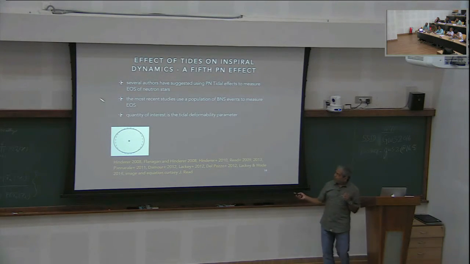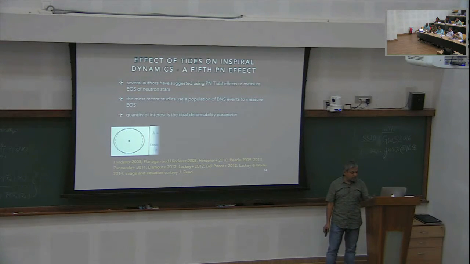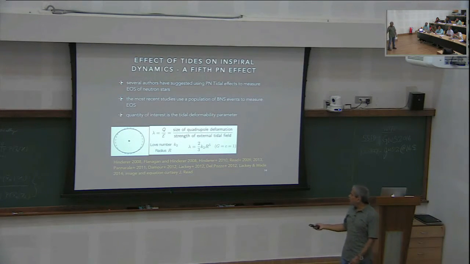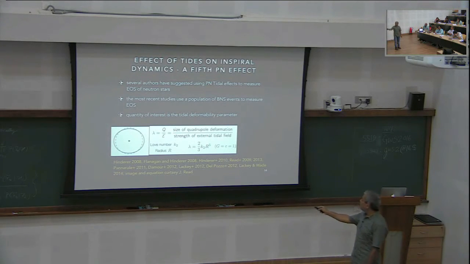So, how easy it is to deform a neutron star is measured by its deformability parameter, lambda, which relates the size of the quadrupole deformation that you make to the external tidal field it produces by that quadrupole deformation.